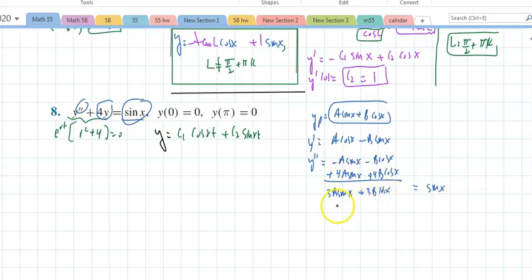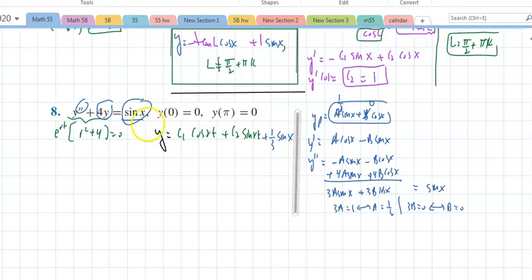And automatically I can get that 3a equals 1, which means a is 1/3, and 3b equals 0, which indicates b equals 0. So if this is 0, that's gone, that's 1/3, plus 1/3 the sine of x. That would be my general solution.